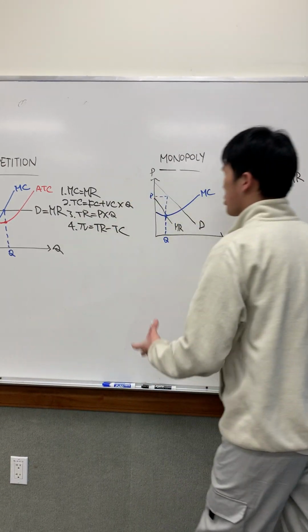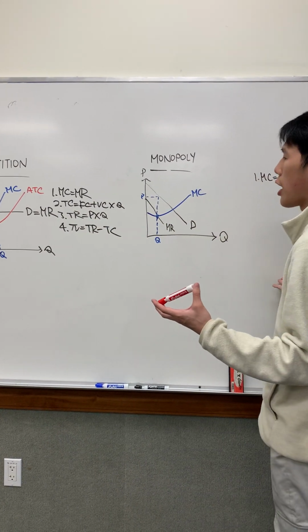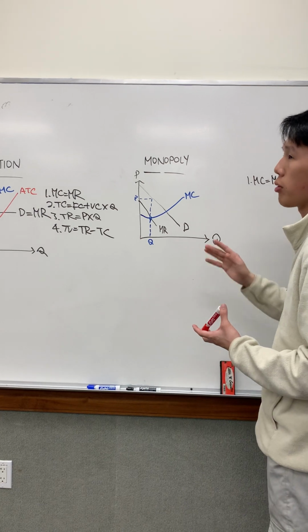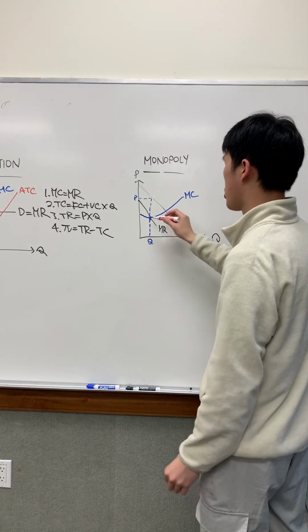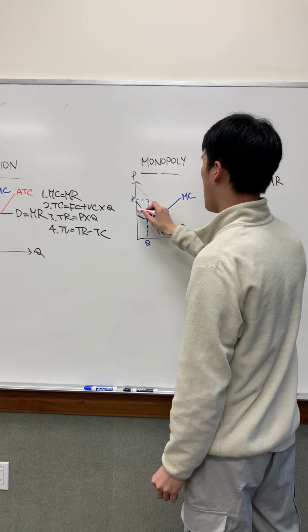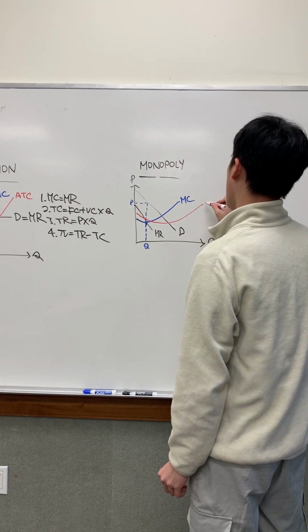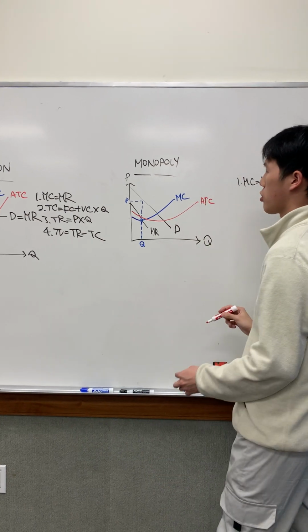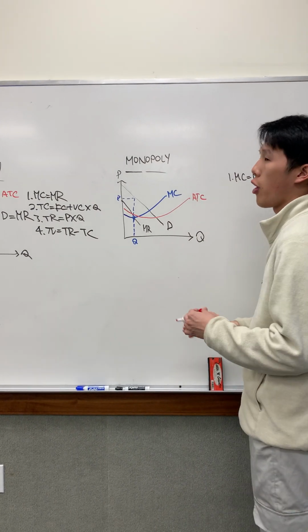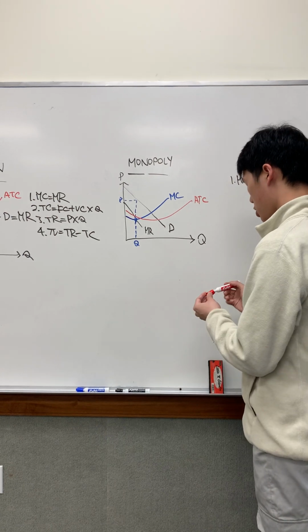Same thing, if we want to find out where the profit is, we need to figure out the total cost. The average total cost is going to be a little bit higher than marginal cost, because average total cost also involves fixed cost.